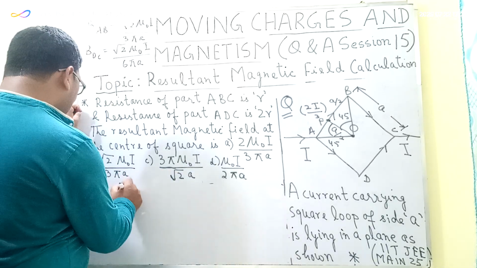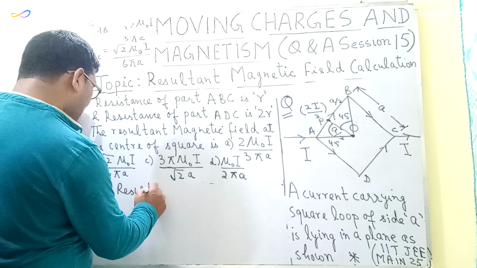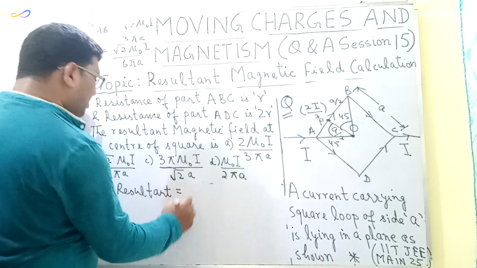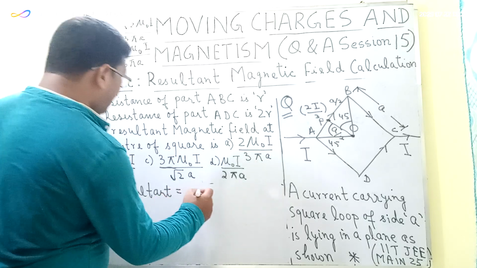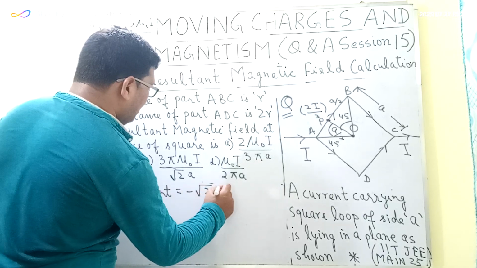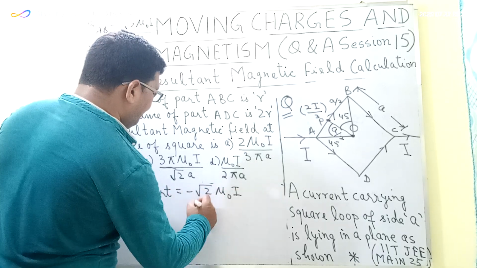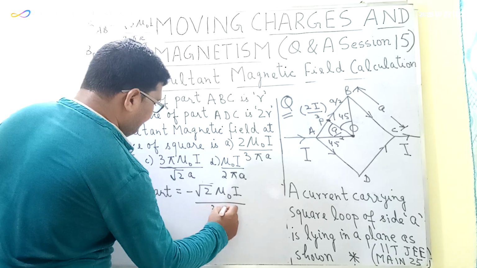So the resultant magnetic field will be equal to the magnetic field due to the part AB, which is equal to minus root 2 mu I upon 3 pi a.